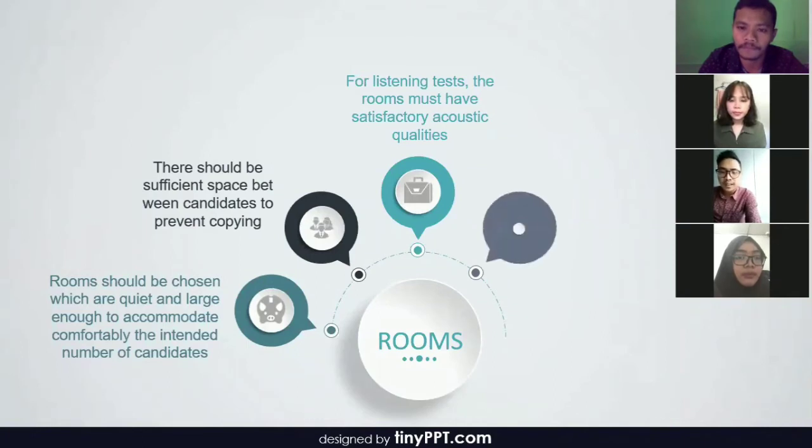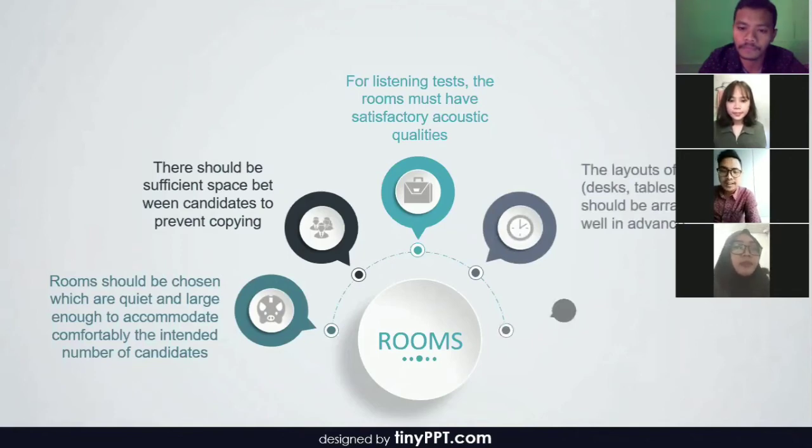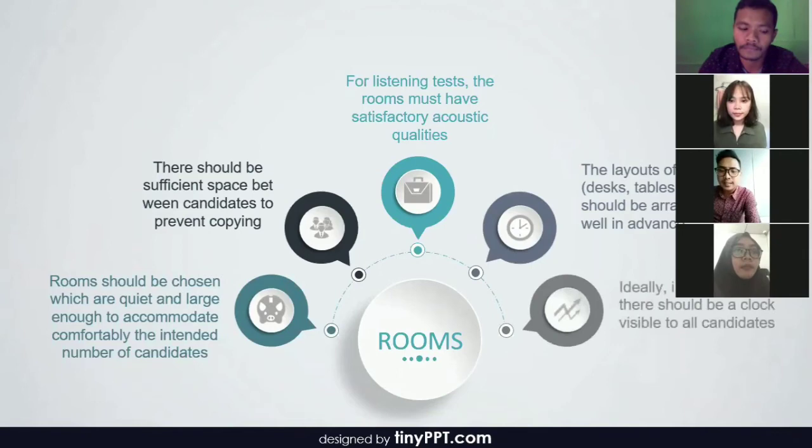Fourth, the layout of rooms, desks, tables, and chairs should be arranged well in advance. The last, ideally in each room, there should be a clock visible to all candidates. It means the room should make the candidates comfortable, and it has to provide good quality facilities, especially for the listening test. The room has to provide the speaker with clear audio.